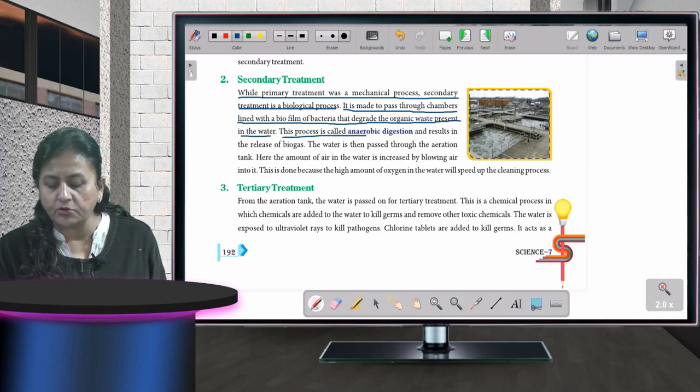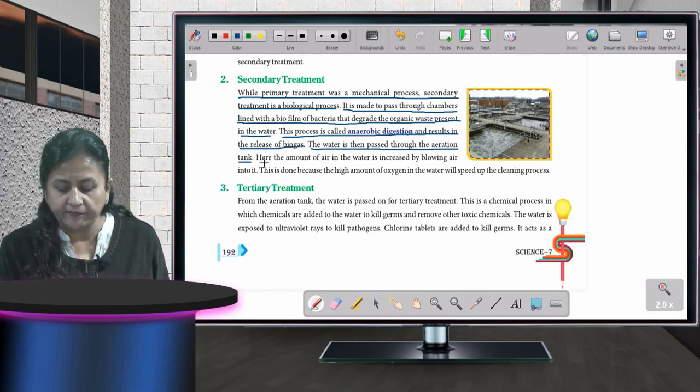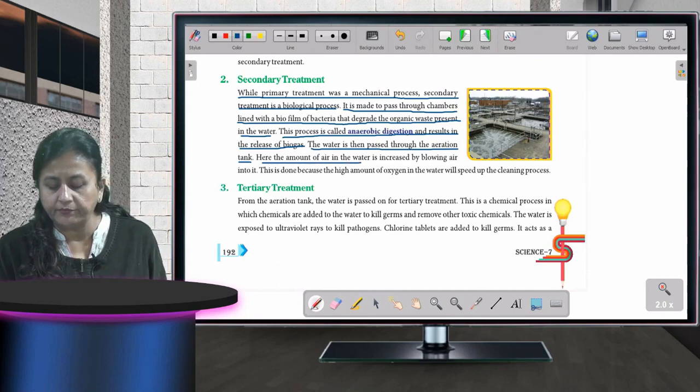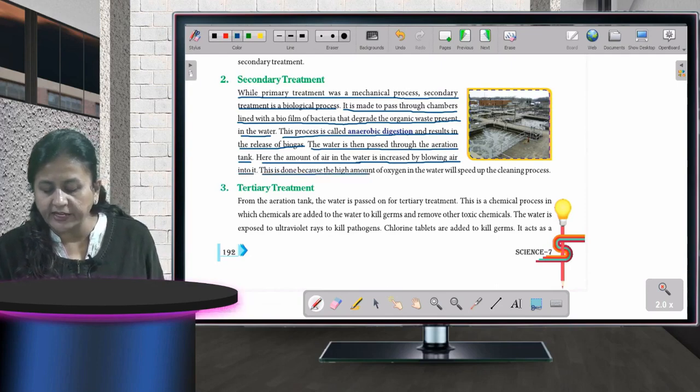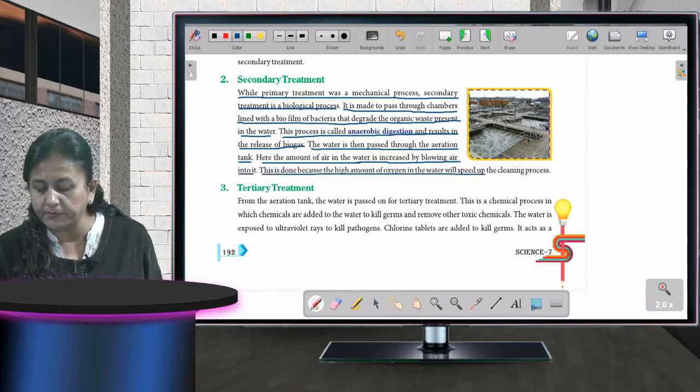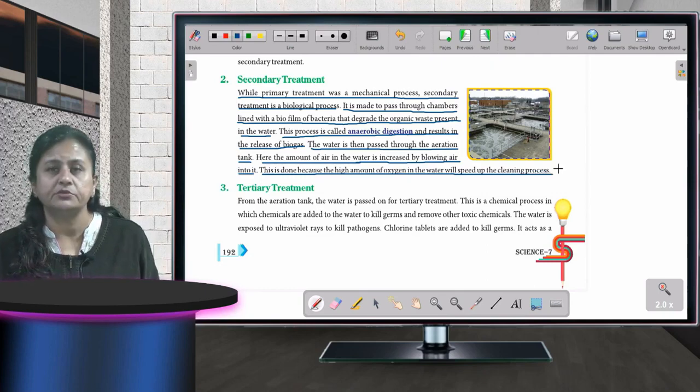This process is called anaerobic digestion and results in the release of biogas. The water is then passed through the aeration tank. Here the amount of air in the water is increased by blowing air into it. This is done because a high amount of oxygen in the water will speed up the cleaning process.